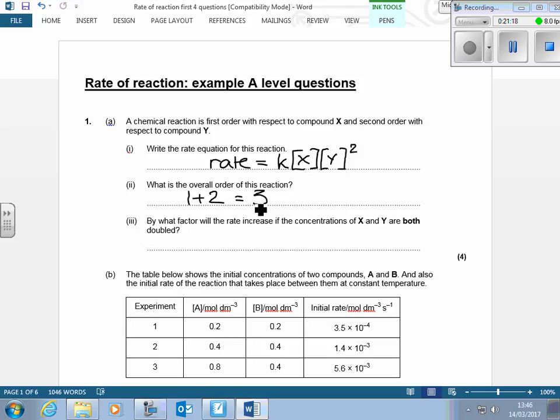It'll double. So we already know it's times 2 if you double X. If you double Y, what happens to the rate if you leave X alone? Times 2 to the 2. And because they're multiplied together, it's going to multiply by 2 times 2 times 2, so it's times 8.